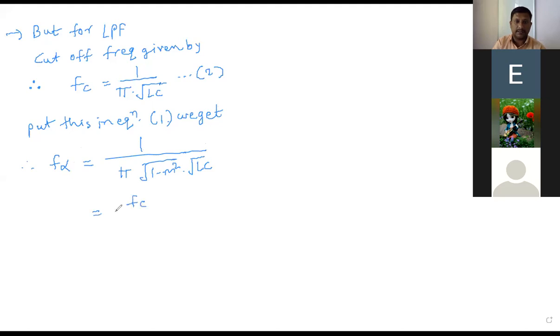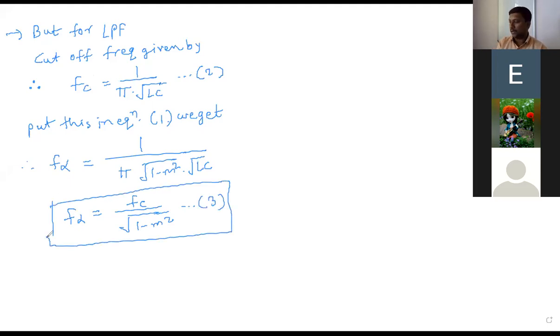So that is FC divided by under root 1 minus m square. So this will give the F alpha. 1 upon pi into under root LC is replaced by FC, so that comes in the numerator. FC divided by under root 1 minus m square remains as it is. So this is my equation number 3, that is what F alpha.